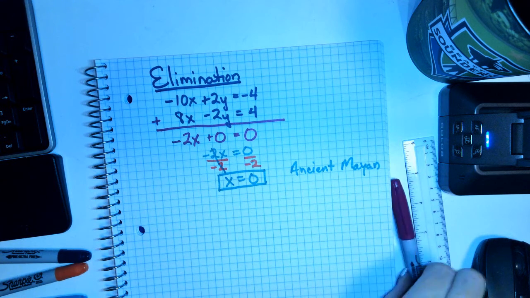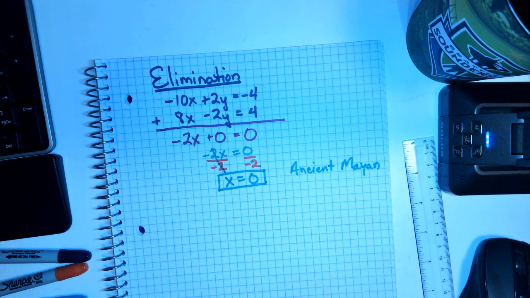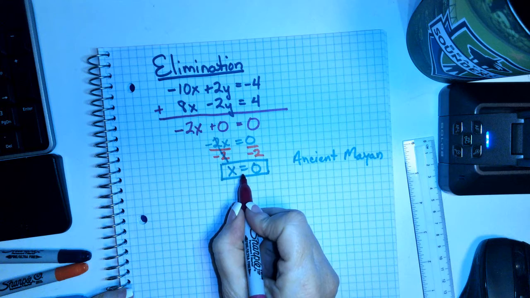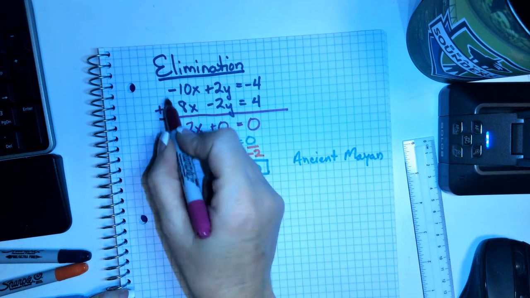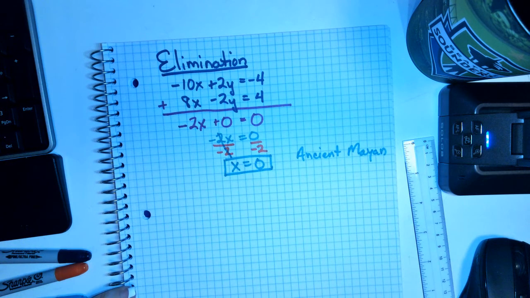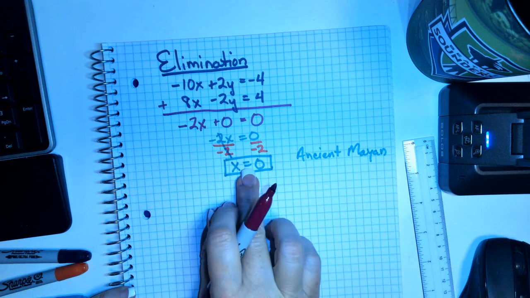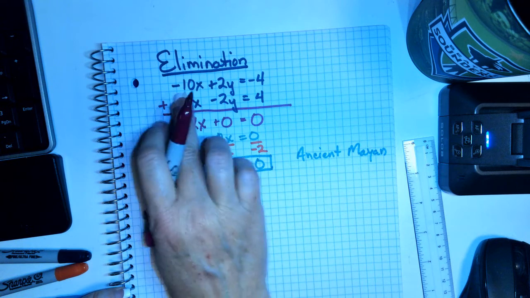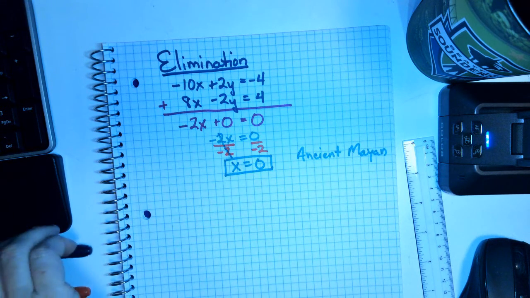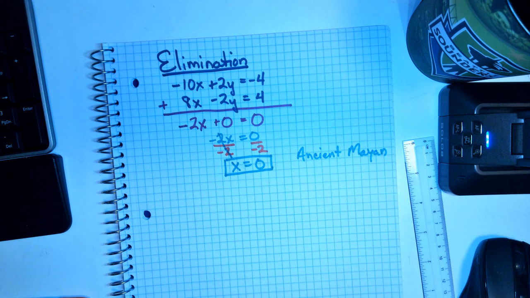Okay, so now I'm going to take this value and come back up here and pick one of these equations to plug it into. So it's the x value. I'm going to take the top equation, and I have negative 10x.